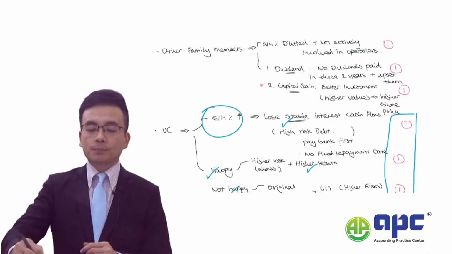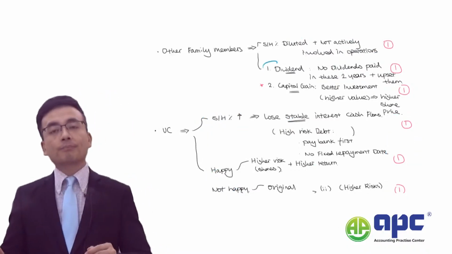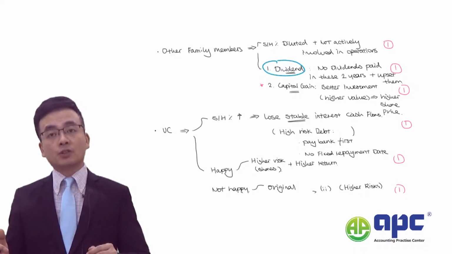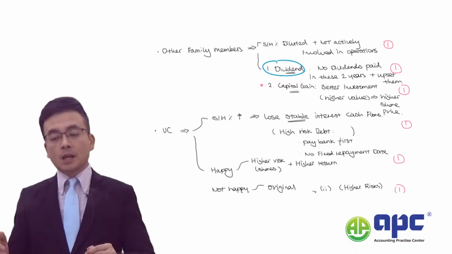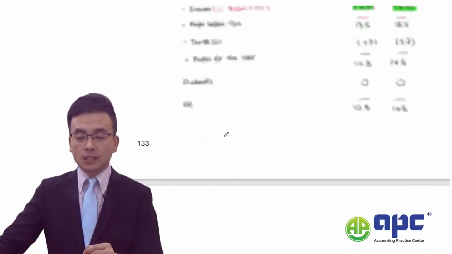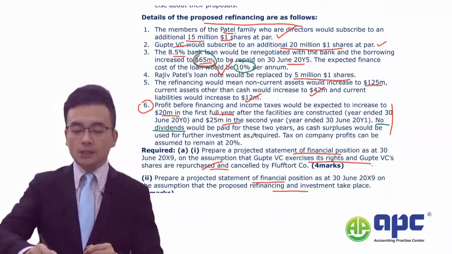So for example, the other family members, they may be caring about dividend, all right, if they are not actively involved in the operations of the business. However, we are also told there will be no dividend paid for these 2 years.